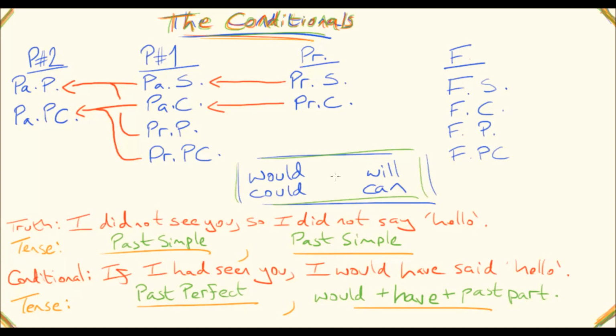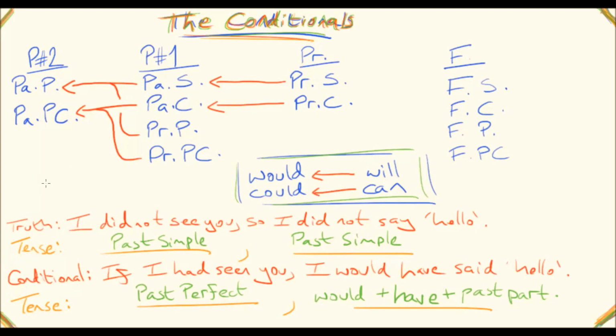A couple of points to remember here. The first of which is going to come in useful in later lessons, but for now it's just for the purposes of completing this diagram. Would, as a modal verb, can be the backshift of will, and could, again as a modal verb, can sometimes be, well, in certain situations, can be the backshift of can.